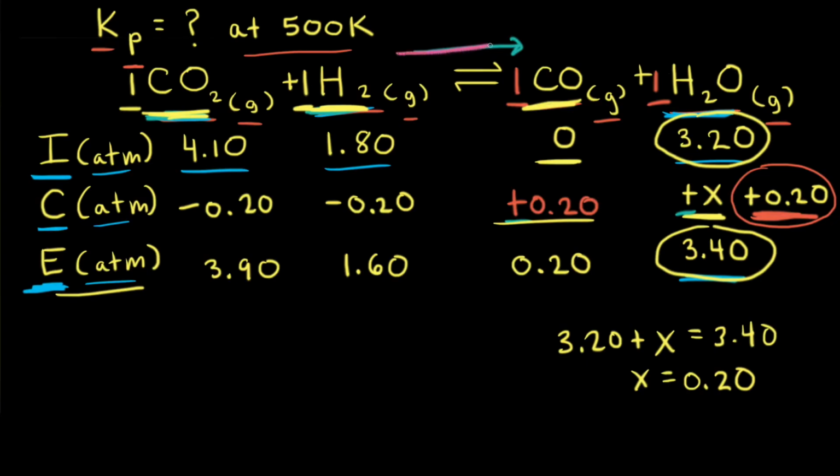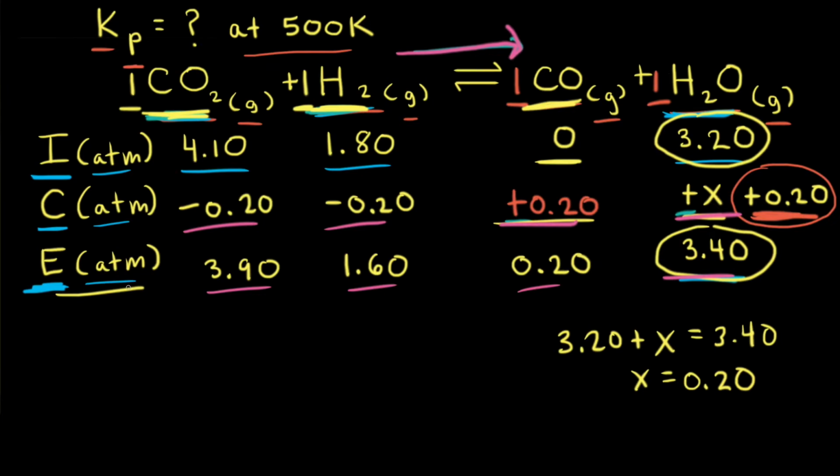As the net reaction moved to the right, we lost some of our reactants and gained some of our products until the reaction reached equilibrium and we got our equilibrium partial pressures. At equilibrium, the rate of the forward reaction is equal to the rate of the reverse reaction, and therefore these equilibrium partial pressures remain constant.